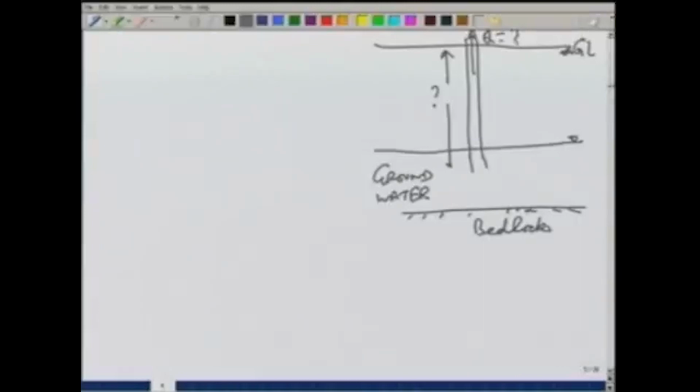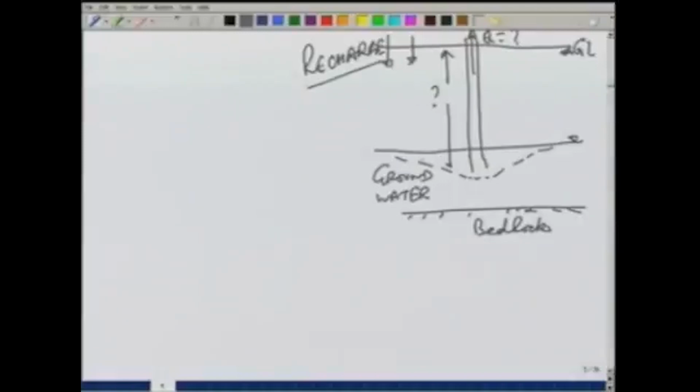Now, of course, the pumping rate will depend on what is the transmissivity of the aquifer, but if we pump more, the groundwater level will go down. There will be some recharge to the aquifer, which denotes how much is the deep percolation from whatever precipitation occurs in that area.